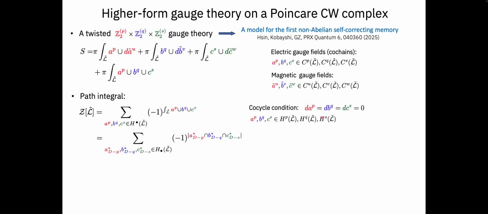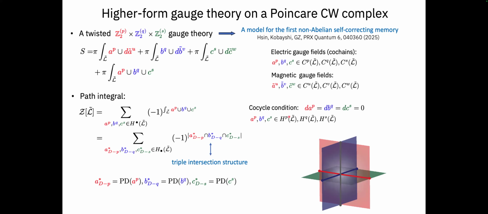And you have a very simple geometric picture of this path integral in spacetime. That is, there is a triple intersection of the three membranes of the gauge field configuration, defined on these cocycles or their Poincare dual cycles.